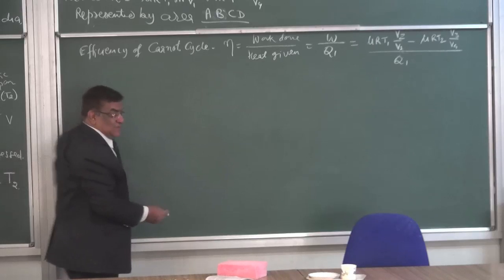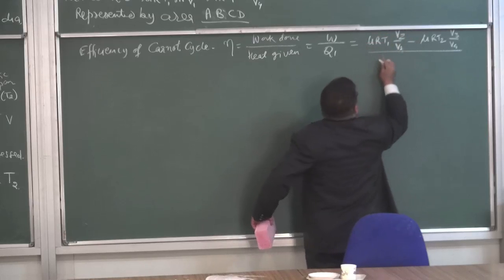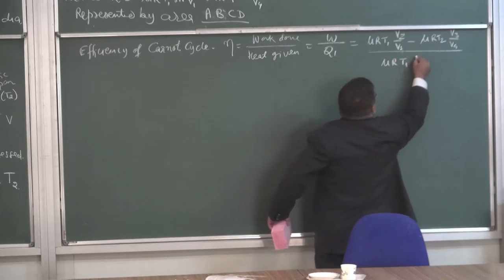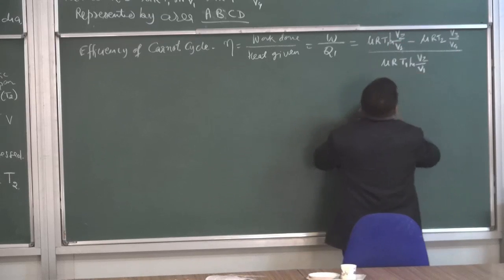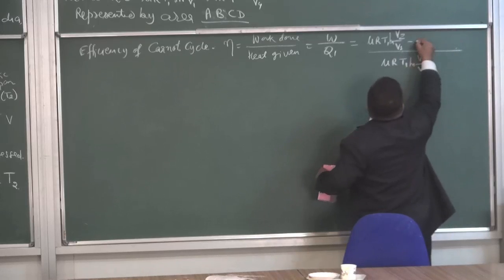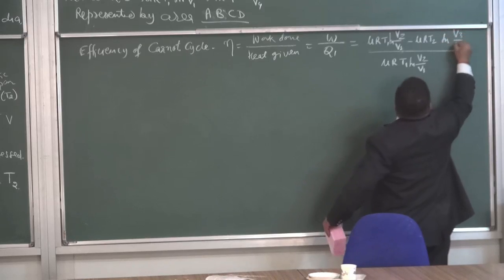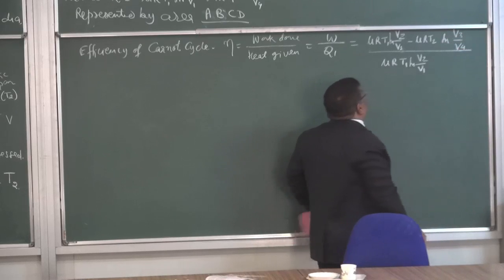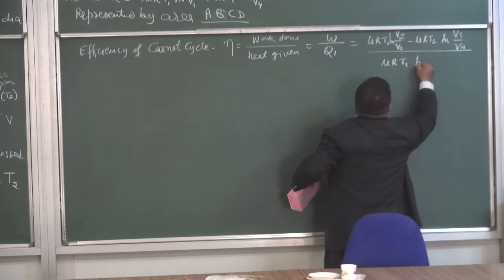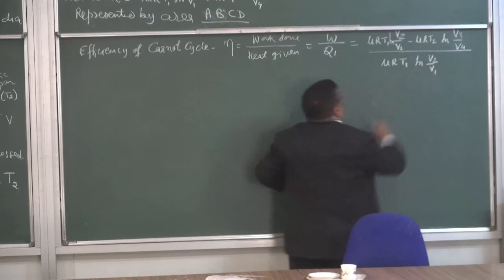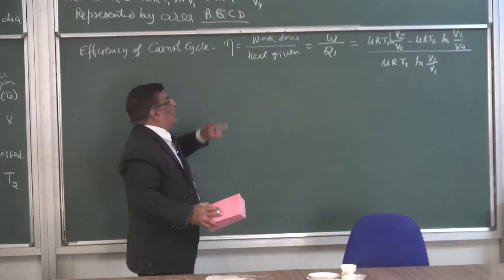So now in place of Q1 we can write the heat taken by the gas, mu R T1 log V2 upon V1, minus mu R T2, and the heat we had taken initially, mu R T1 log V2 upon V1. So this is the expression for eta.